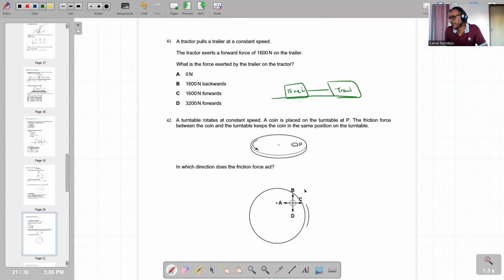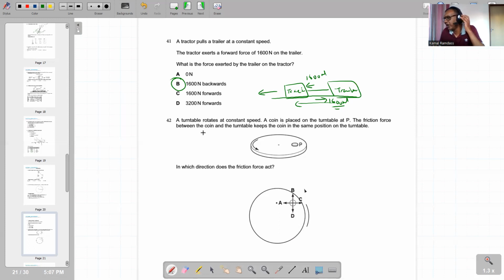L'amo trailer. OK. The tractor exerts a force, ça veut dire forward, 600 Newton on the trailer. Therefore, the trailer exerts a force, parce qu'il bouge at constant speed, the trailer exerts a force of 600 Newton backwards. OK.